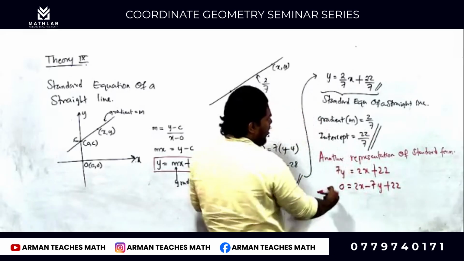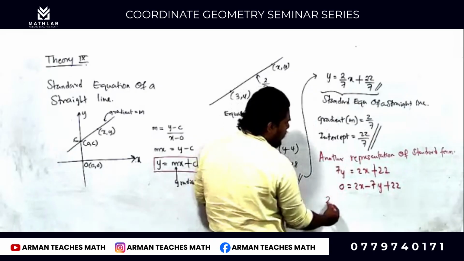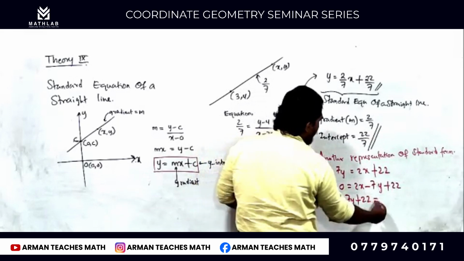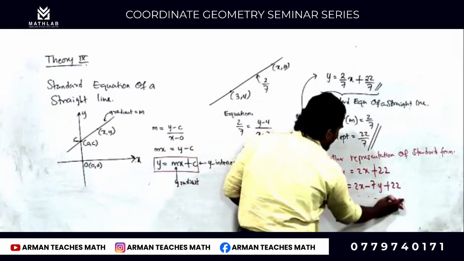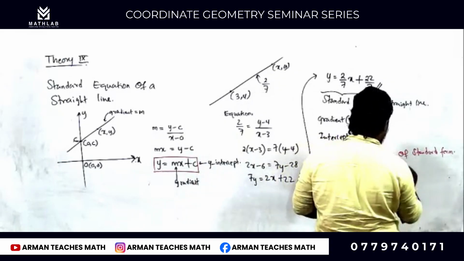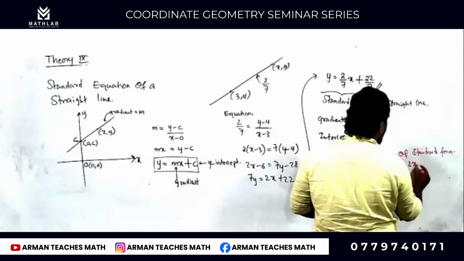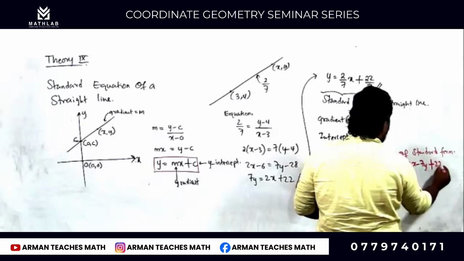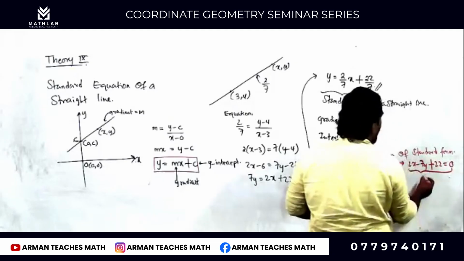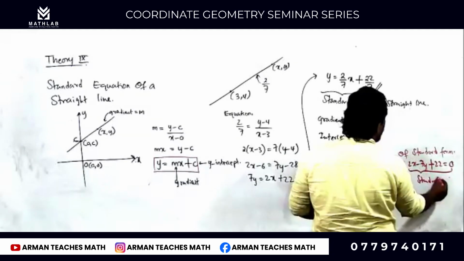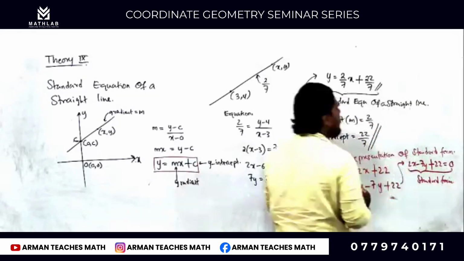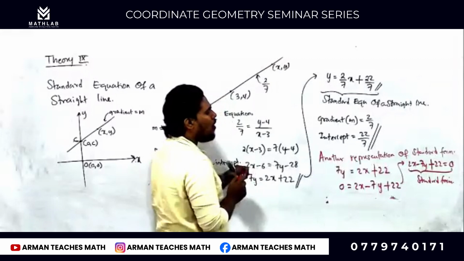Which means if I write it in proper order, 2x minus 7y plus 22 equals 0. I write it here, below this one: 2x minus 7y plus 22 equals 0. This is the other form of the standard form of the straight line, having all the terms on one side.